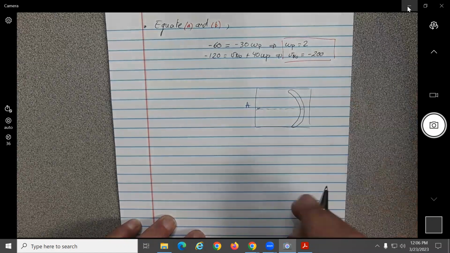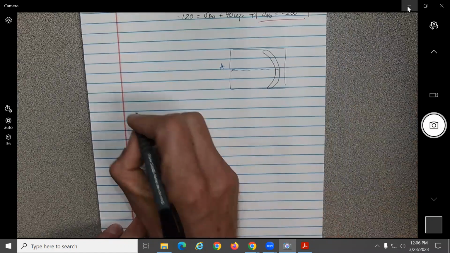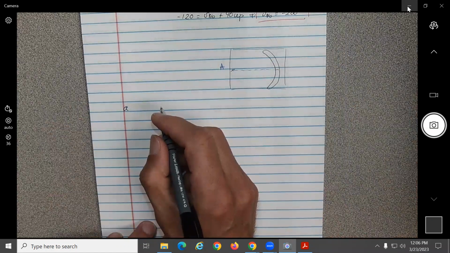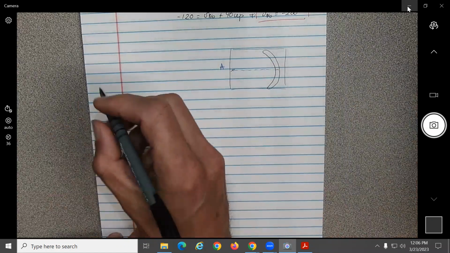All right, now we need to do the same thing with the acceleration. So what will be the acceleration? I'm just going to do the second one first.